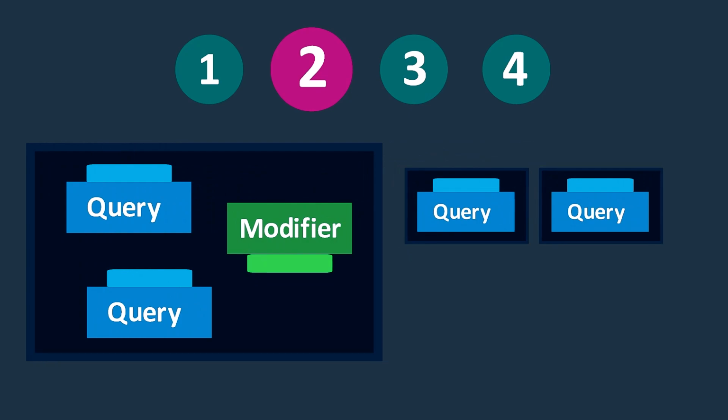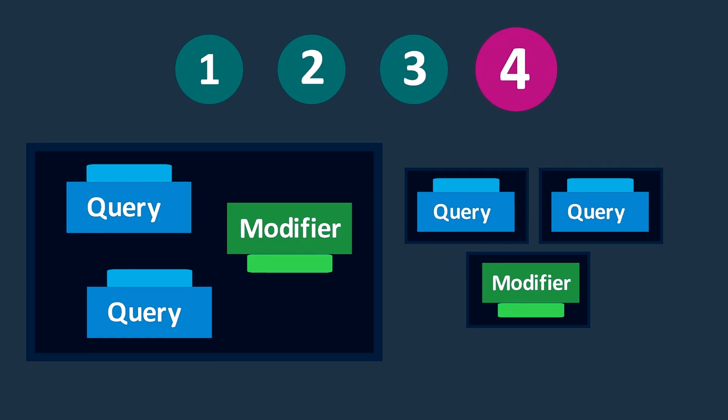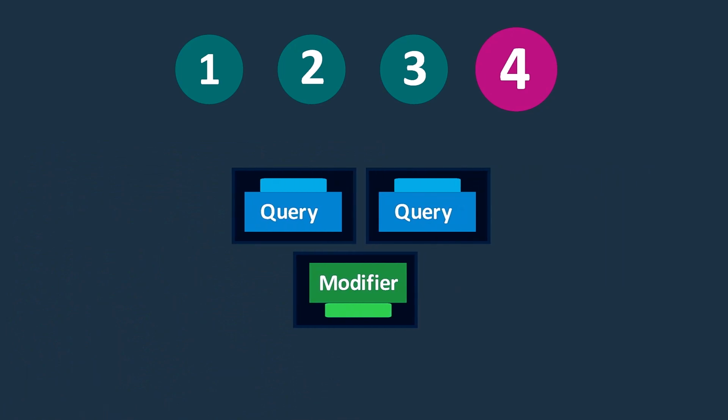Any code that retrieves specific data should be separated into its own method. Extract the modifiers into separate methods. Ensure that the modifier methods focus solely on modifying the specific state and do not return any values. Finally, replace the original method with the newly extracted methods.